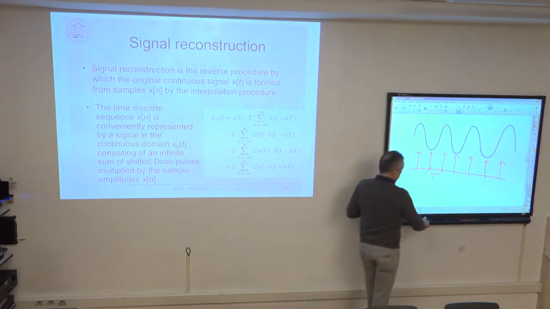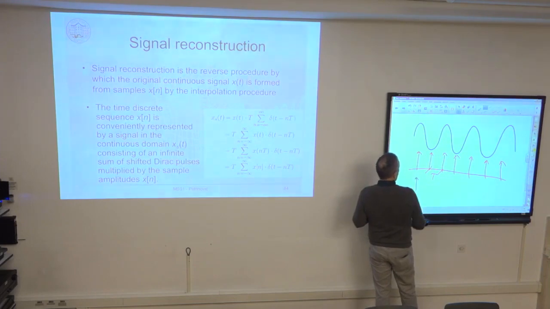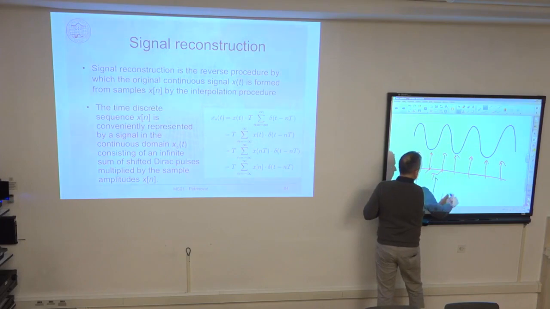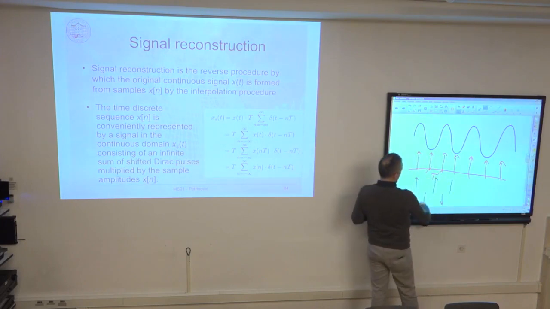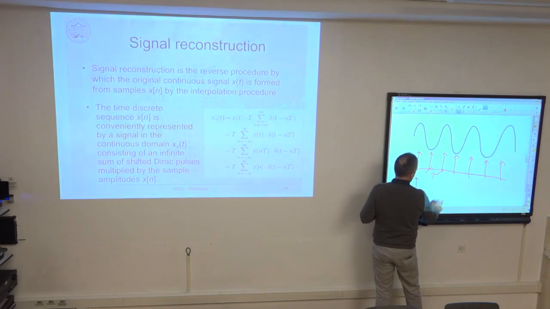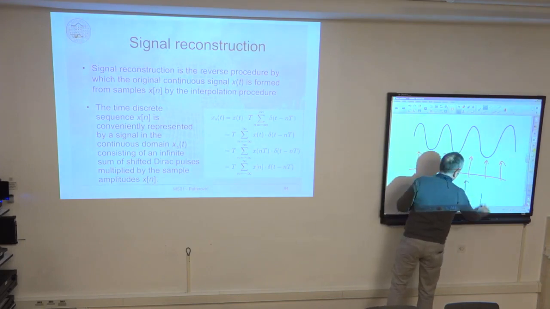And what I get is a discrete signal: plus delta, minus delta, plus delta, minus delta. Maybe I'm missing something, I'm not in phase. Okay. This one is minus, this one is plus, this one is minus, this one is plus, and so on.